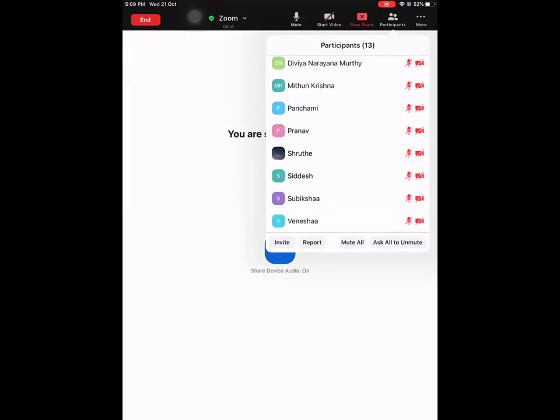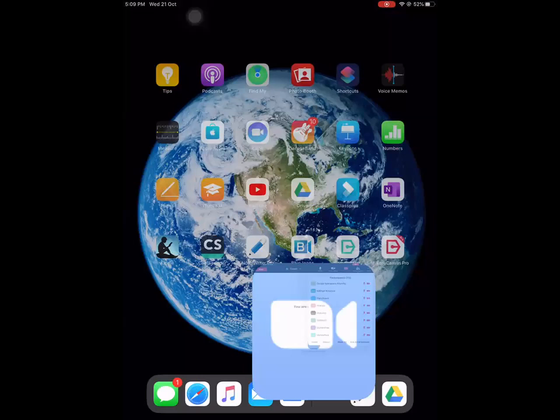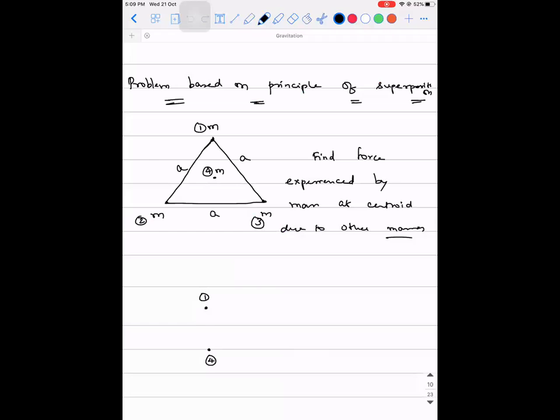Siddesh. Upward. No, why you're not telling? Upwards means upward in which direction? It should be along the line joining both. So what is the name of this force?